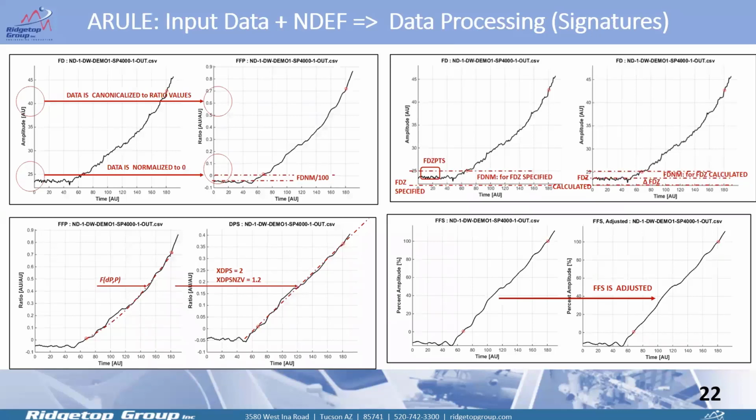Next. Okay, so what do we do? You can see here, and this is just an example. You'll see that data has values, okay? Unit measure values. So the first thing we want to do is take unit measure values and convert them to dimensionless ratios. We also want to transform or translate the DC value.